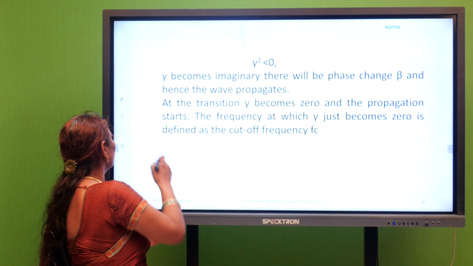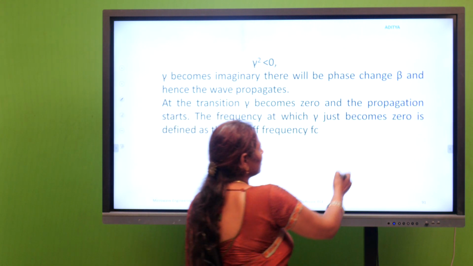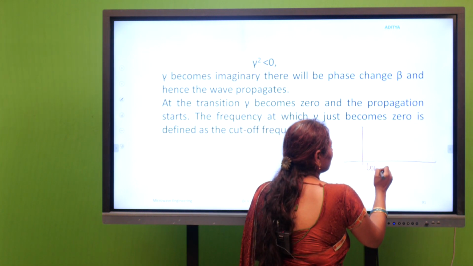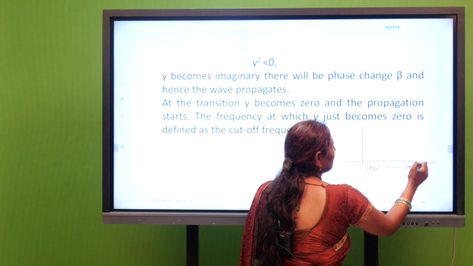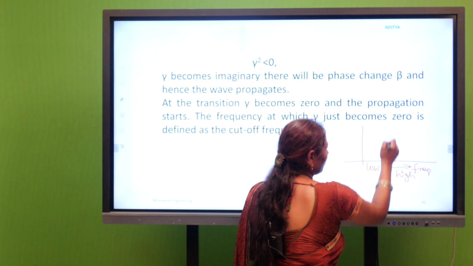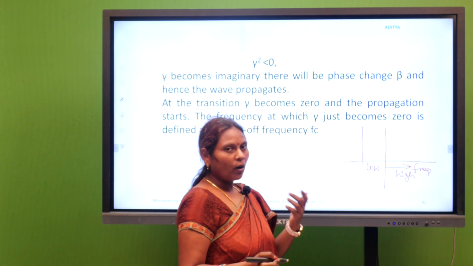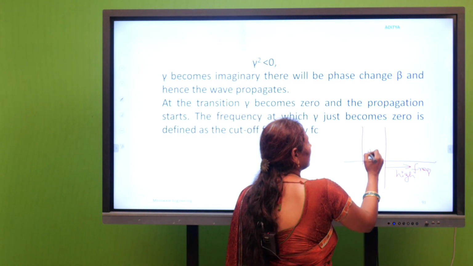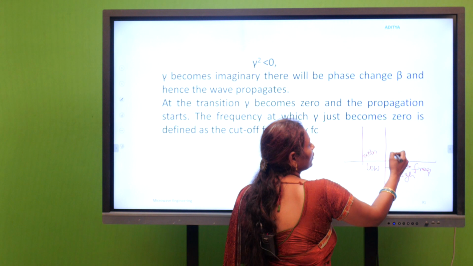So simply we can say, for example, if you consider these are the low frequencies, and as the frequency increases in this way, these are the high frequencies. Suppose you have a division between low and high frequencies: there is attenuation here and no attenuation here.